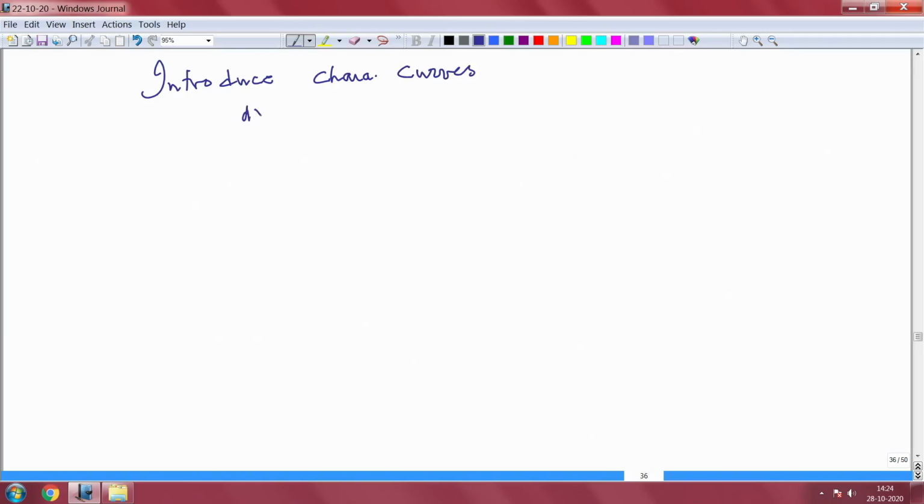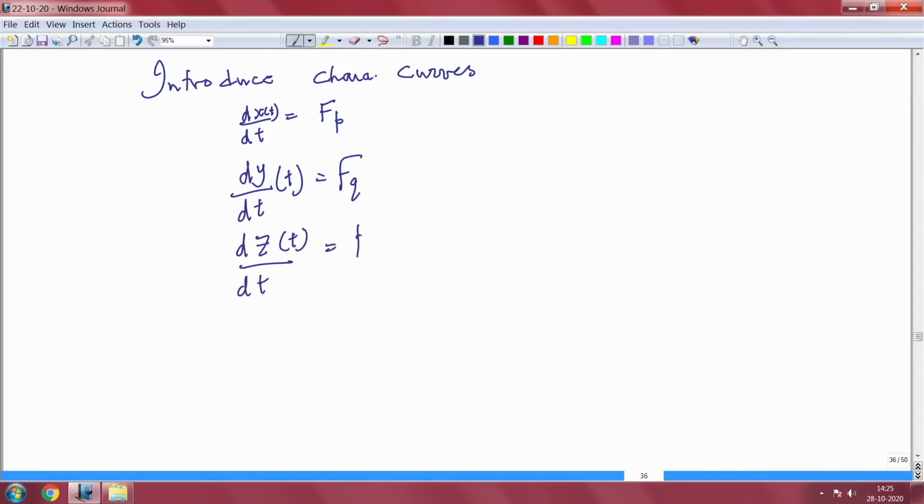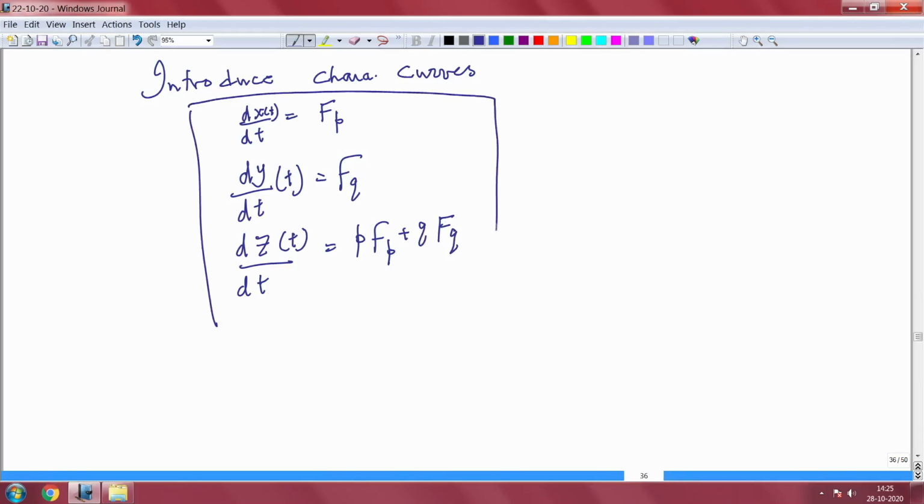Your dx by dt, these are all functions of t, is equal to fp, dy by dt is equal to fq, and dz by dt is equal to p fp plus q fq. So what is the difficulty compared to your quasi-linear case?